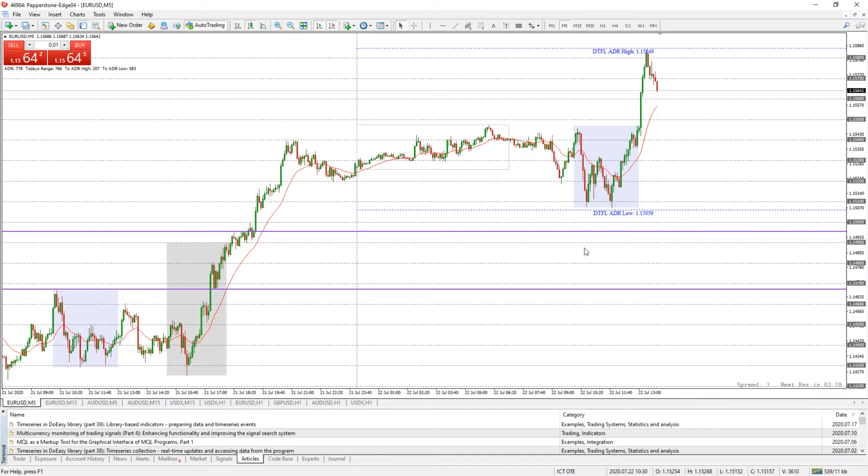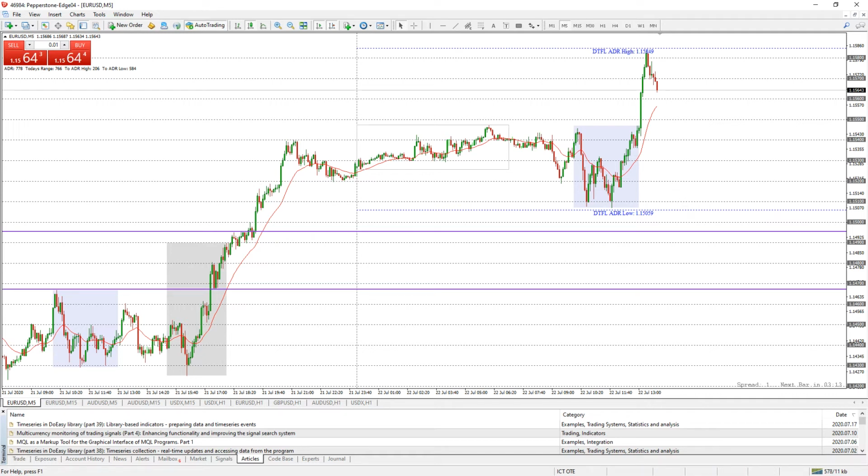Of course, there's no guarantees, so you just take a probability. You have the low here, so you know that you have a very nice place to put your stop. In fact, you can also put your stop under here. This was the previous high, which sometimes will again act as a pivot, right?